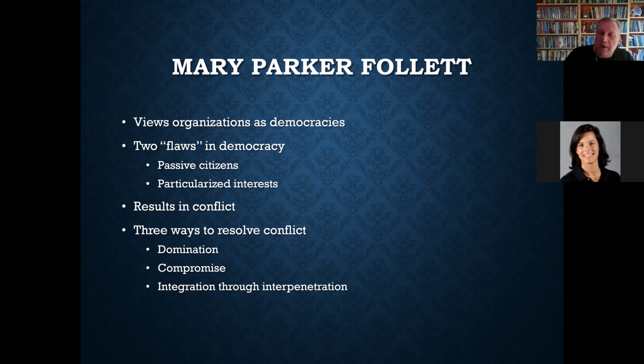She says, if our organizations are democracies, then in order to make our organizations effective, we are going to have to deal with what she calls some of the fundamental flaws in a democratic system of government. And those fundamental flaws are things such as passive citizens and particularized interest.